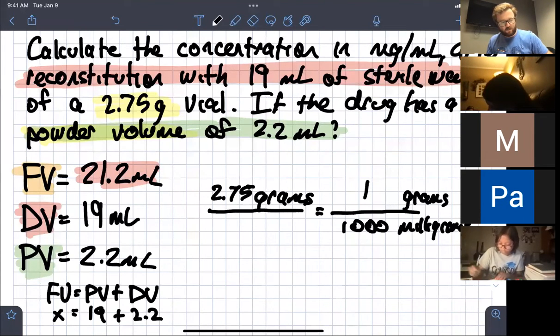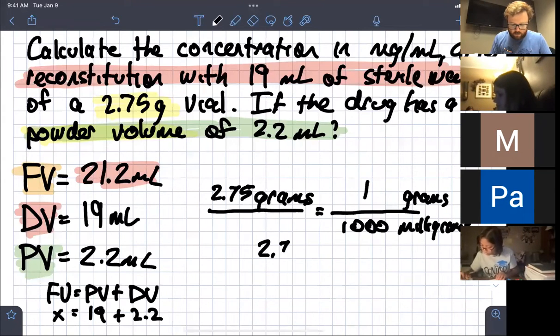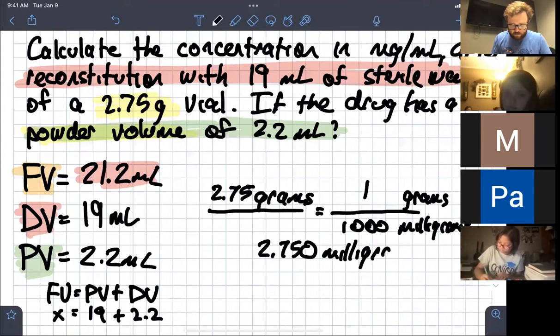You will do 2.75 times 1,000 divided by 1, which is 2,750 milligrams.